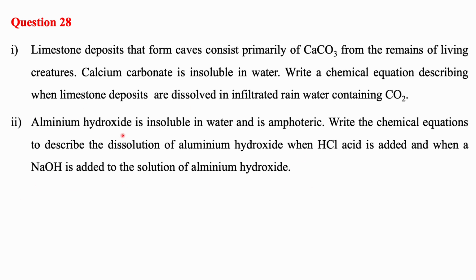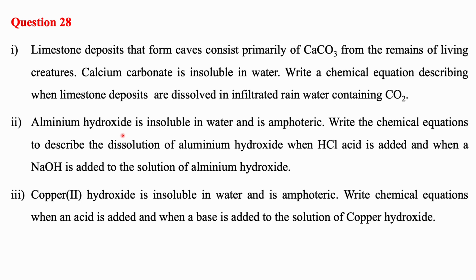Another question is saying copper hydroxide is insoluble in water and is also amphoteric. Write the chemical equation when an acid is added and when a base is added to copper hydroxide. So different reactions that we need to demonstrate.